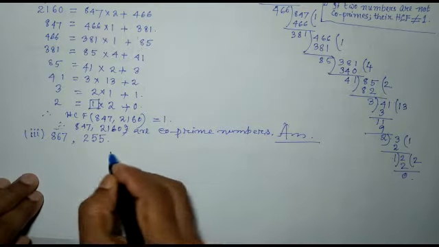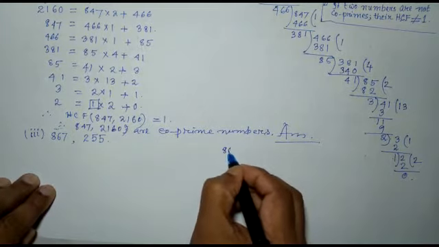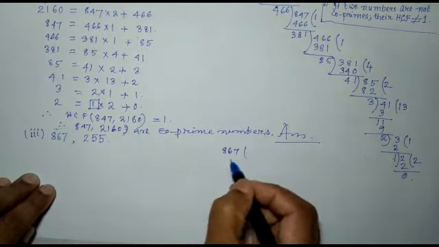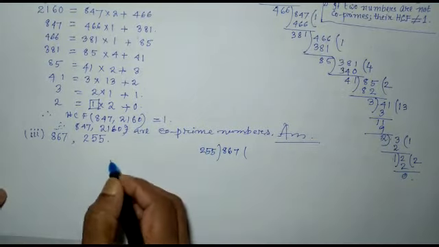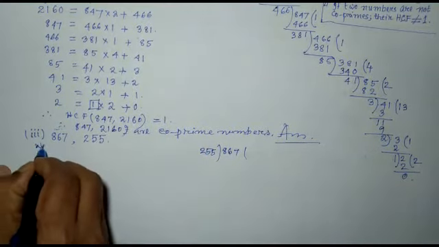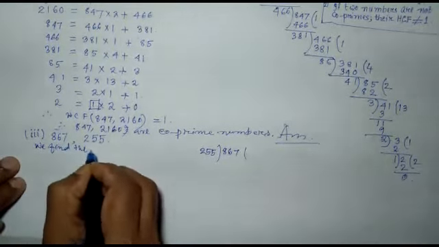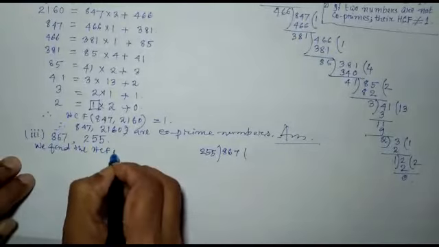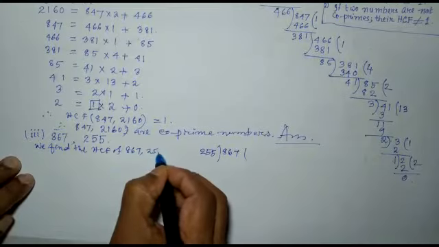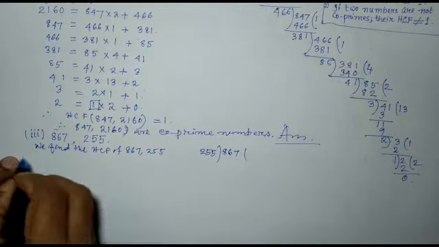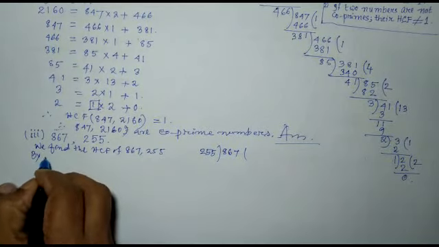We divide the bigger number 867 by the smaller number 255. So we write here, we find the HCF of 867 and 255.